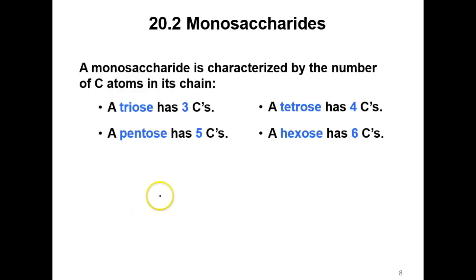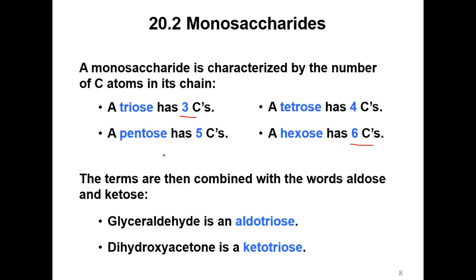All right. A monosaccharide can, again, we talked about this, have somewhere between 3 to 6 carbons, and they call them a triose, tetrose, pentose, hexose. Pentose and hexose are the most common ones, such as fructose and glucose. All right. You can also combine the functional group, either aldehyde or ketone, with the triose.